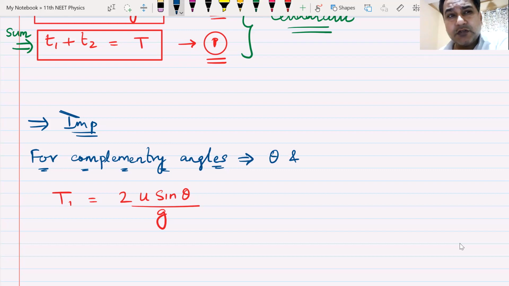What is the sum of two complementary angles? Sum of complementary angles is 90. So if one angle is theta, the other angle has to be 90 minus theta. Am I clear?